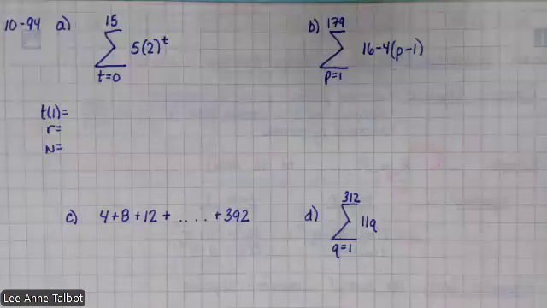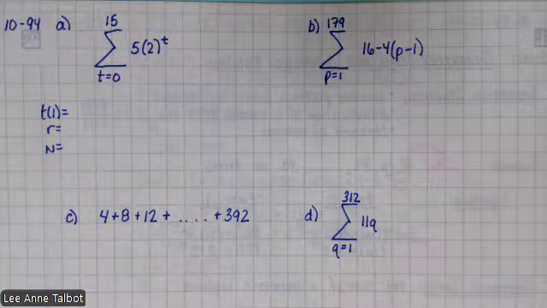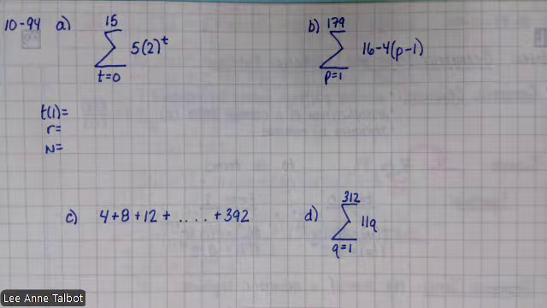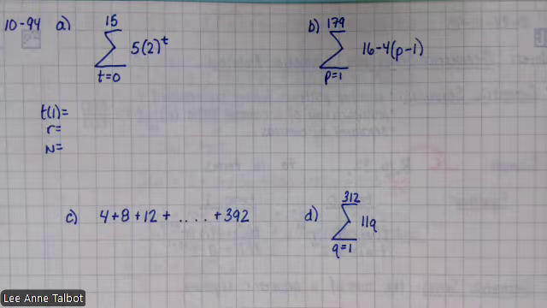Plug in 1. Everyone plug in 1 into 5 times 2 to the t, which would be 10. So you might want to write 5 times 2 to the 1 equals 10, just so you can see what happened. What's the multiplier? That's easy, 2. Now this one's not easy.